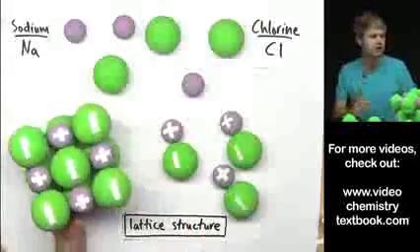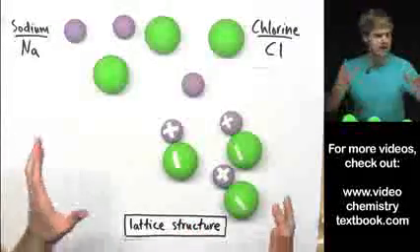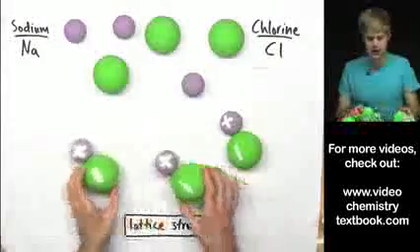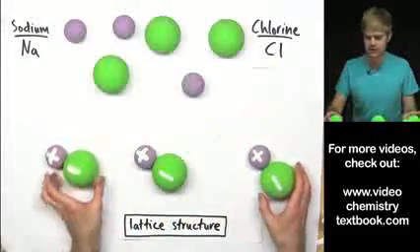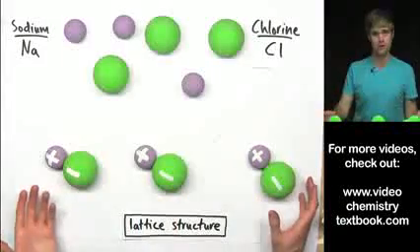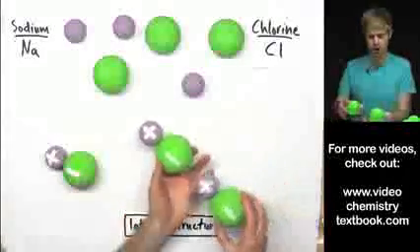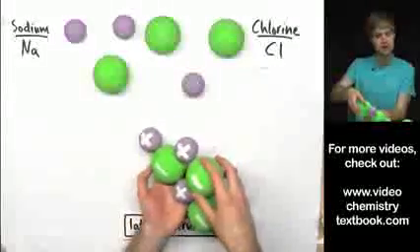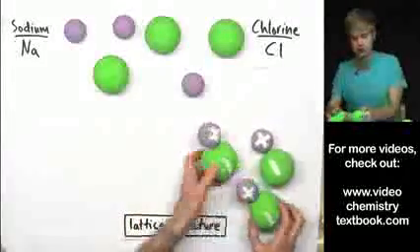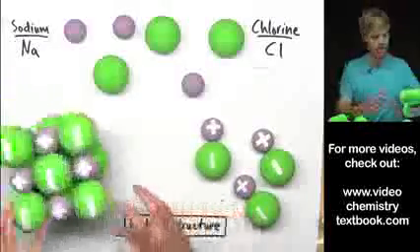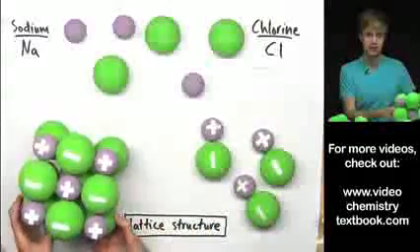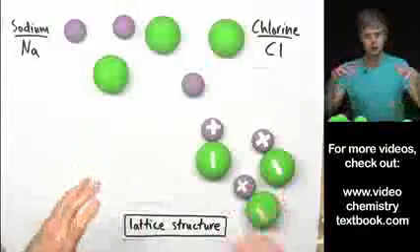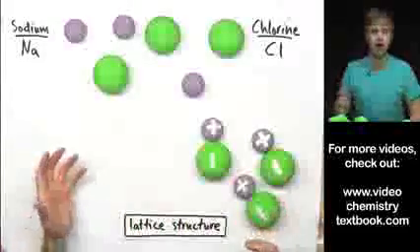So the important thing to keep in mind is that ionic bonding, when you're talking about more than just 2 atoms, doesn't only make these small groups of two, but these groups are going to be attracted to each other, and they are going to make much bigger structures that are going to become these lattice structures. So that's super important when you're thinking about the structure of ionic compounds.